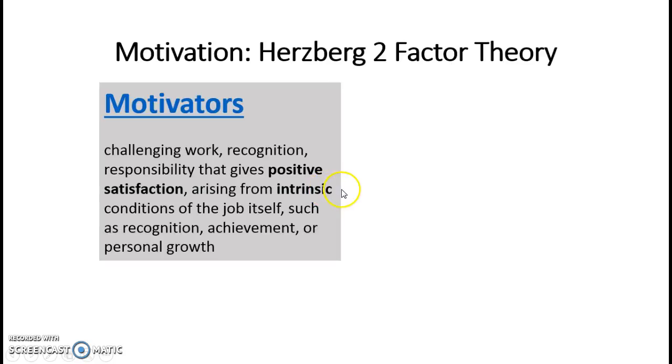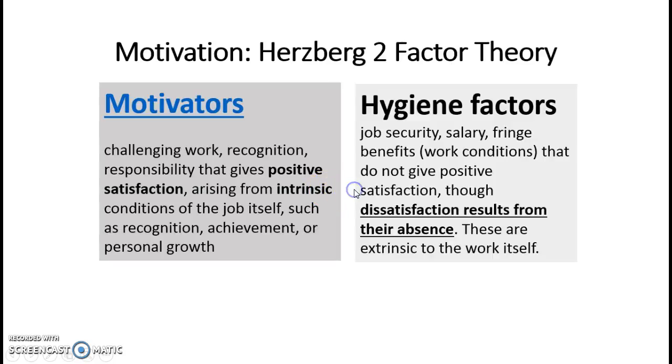So first and foremost, Herzberg did a study of workers, and he came out with a concept of there being two factors that affected workers. These were referred to as motivators or hygiene factors. Okay. Now, what he described as being motivators, obviously their job was that they motivated the employees.